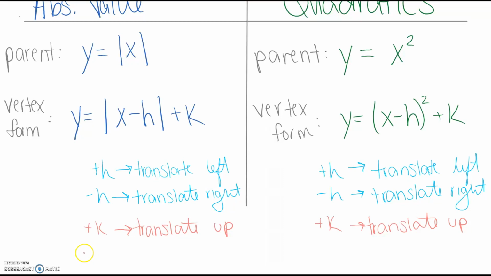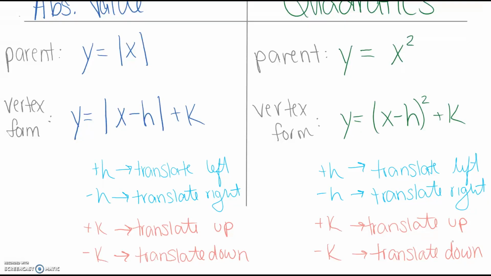You translate up if it's positive, and if it's minus k, you're translating down. So the equations for both are really similar, and they're affected the same way. The graphs just look different. Absolute value is a V, whereas a quadratic is the parabola or a U.